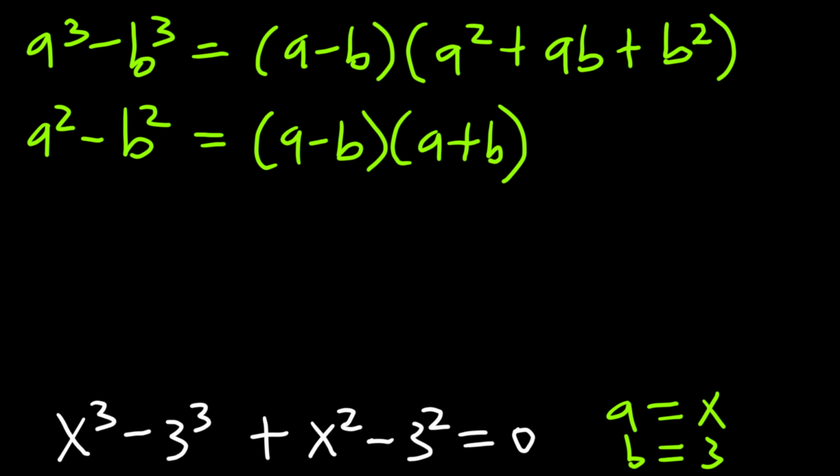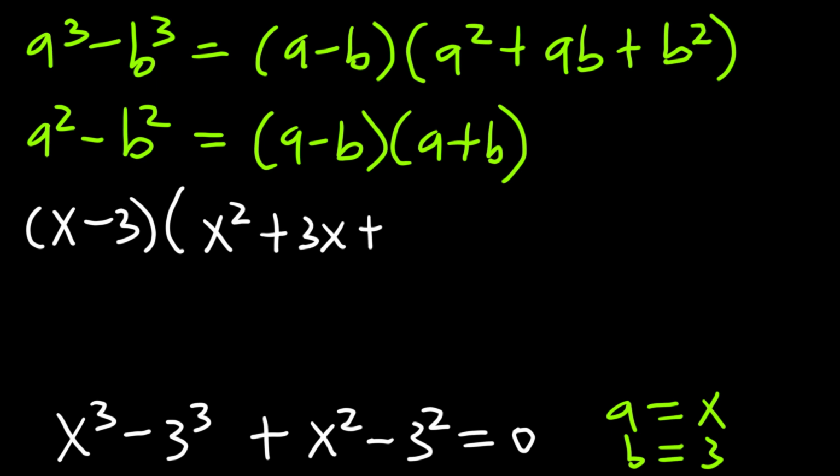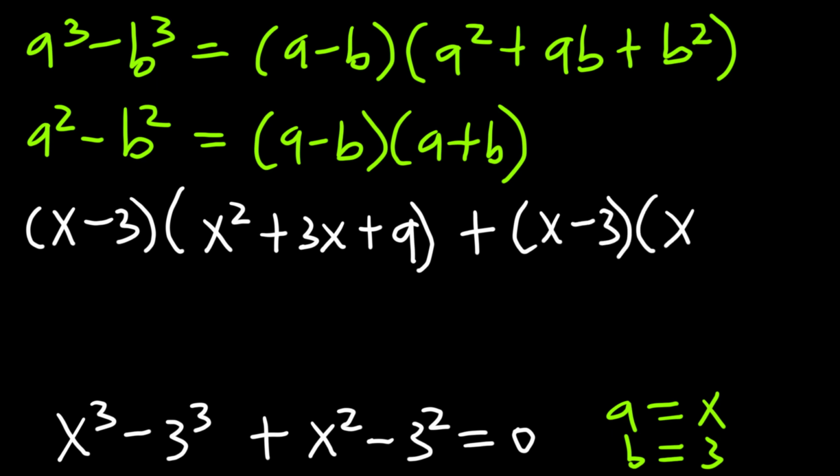So if we substitute in, first of all, let's start with the first part. We shall have x minus 3 into x to the power of 2 plus 3x and then plus negative 3 to the power of 2, which is positive 9. And then plus, for the second part, we shall have x minus 3 times x plus 3, and this will be equal to 0.